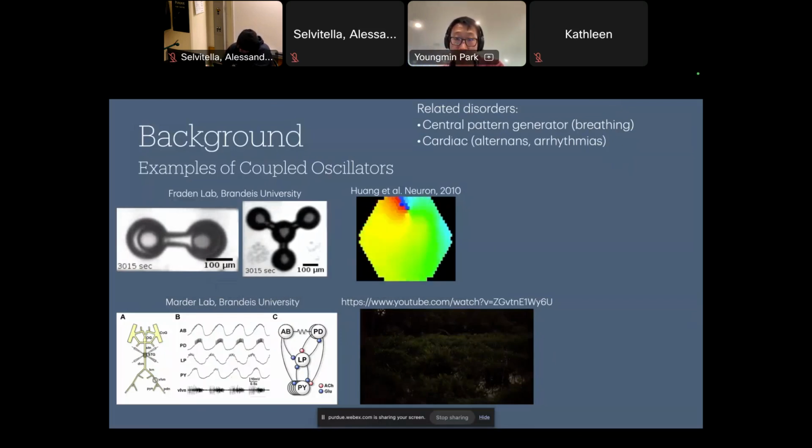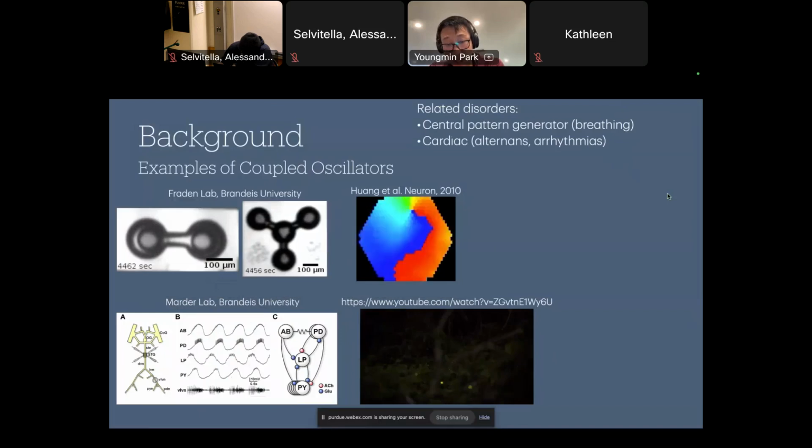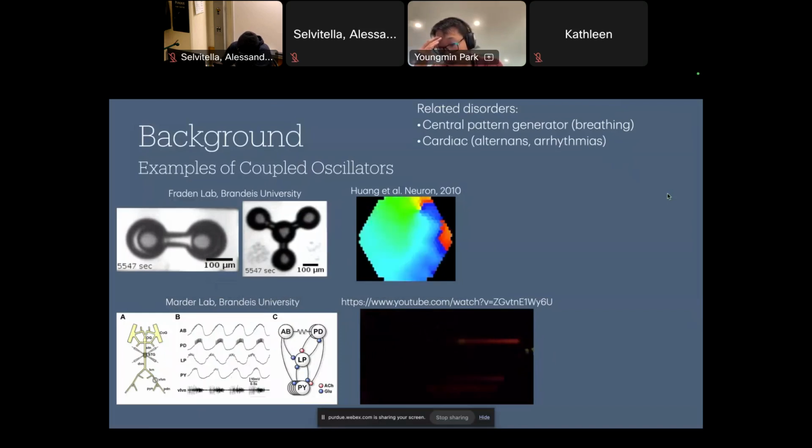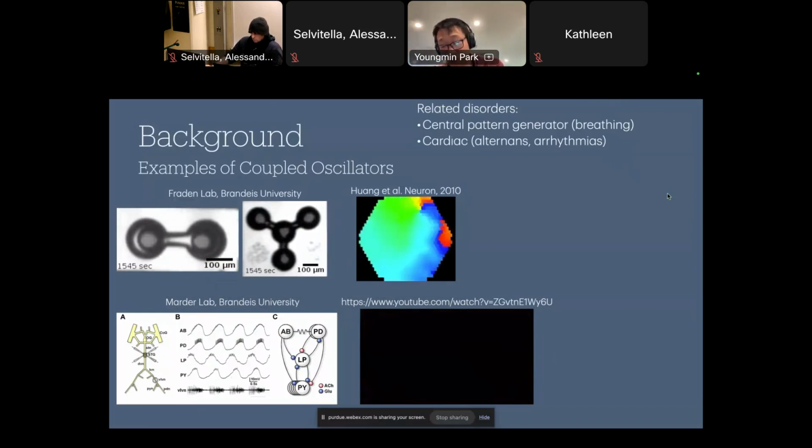in neonatal babies. Cardiac issues, alternans, arrhythmias, those are just not good rhythms that might exist in cardiac rhythms. And the question is, can we design a protocol that uses the minimum amount of energy to push the heart rhythm back into its normal original state? That's similar to what pacemakers do.